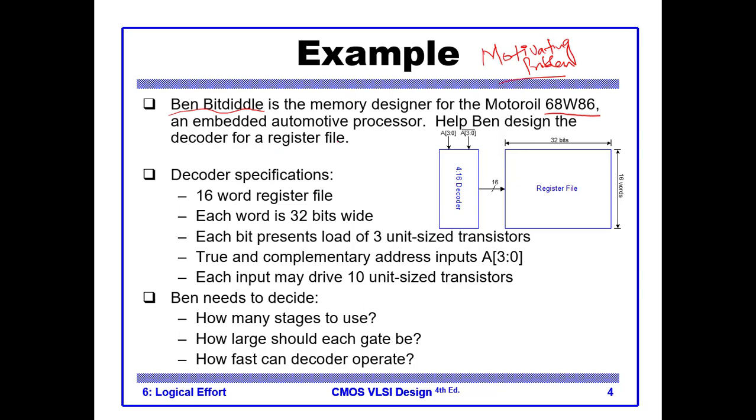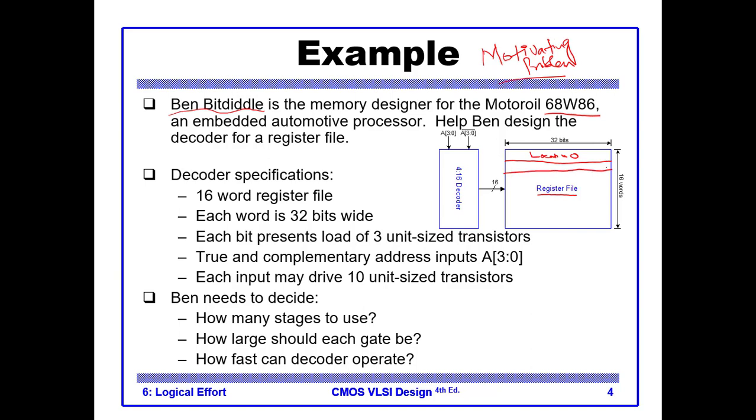So here we have the register file. The register file is 32 bits wide, so 32 bits are stored at each location. This is location 0.